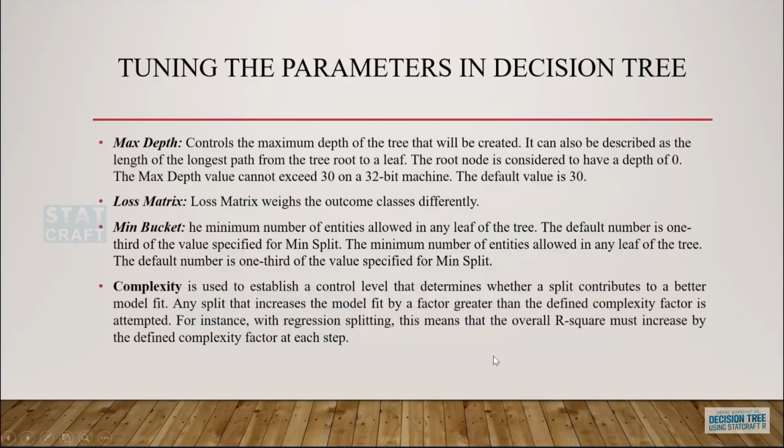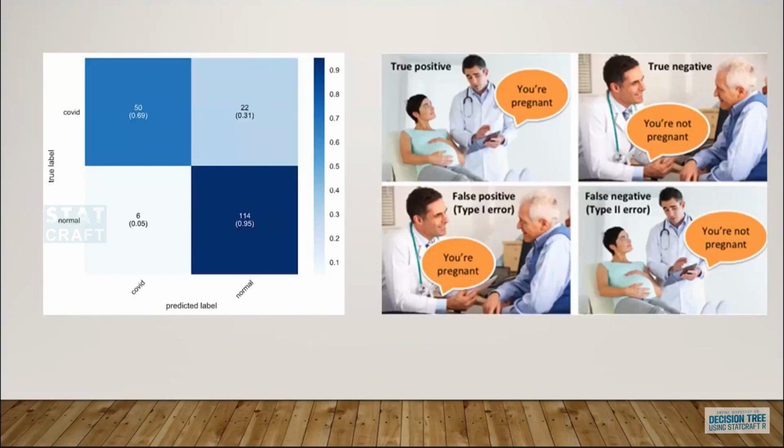Friends, can I consider that a person was having COVID and the kit detected normal, equal to the person being normal and the kit detecting it as COVID? Can I say that both these events have equal weightage? Can I say yes or no? Or I can say this part is more dangerous than this part.